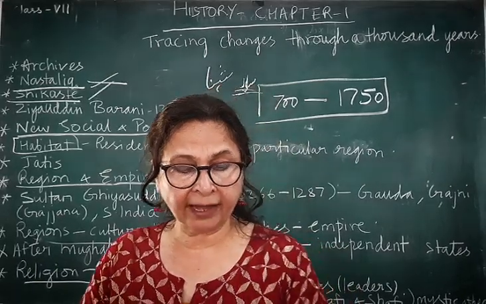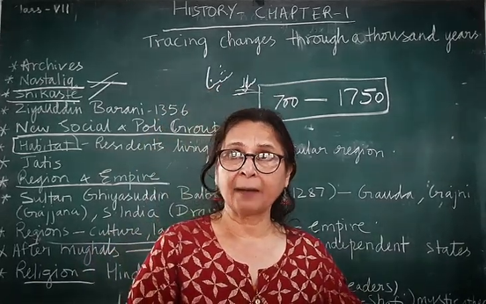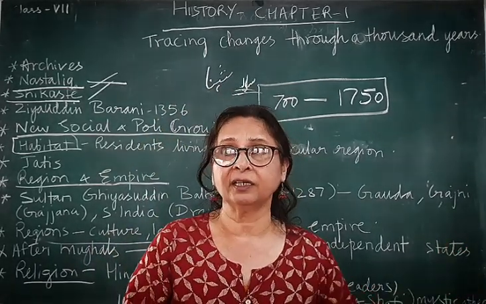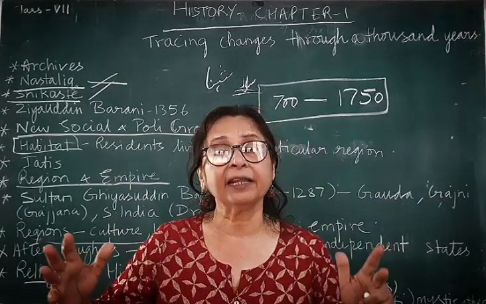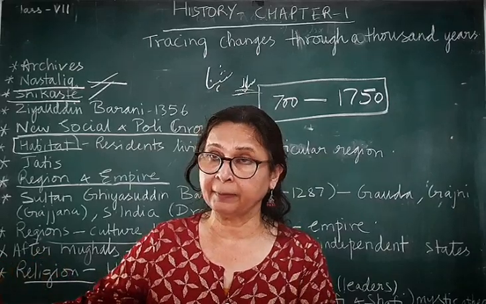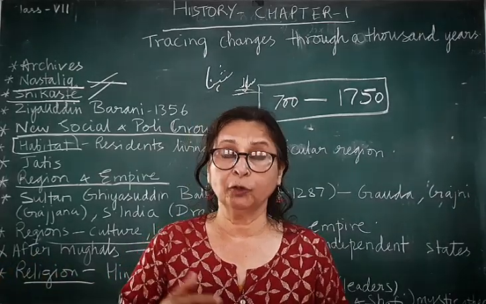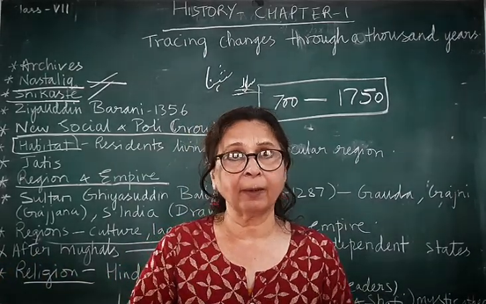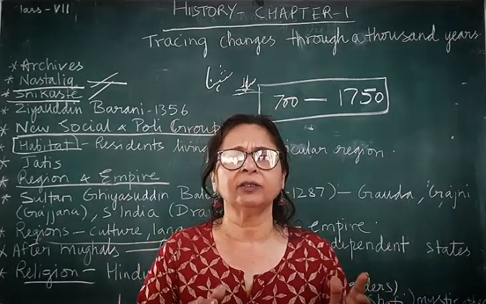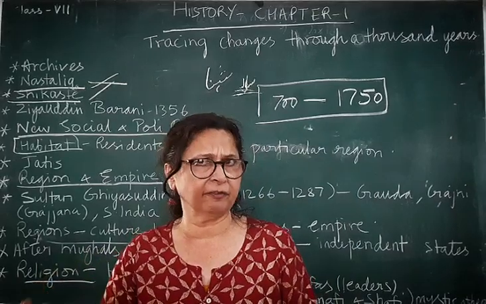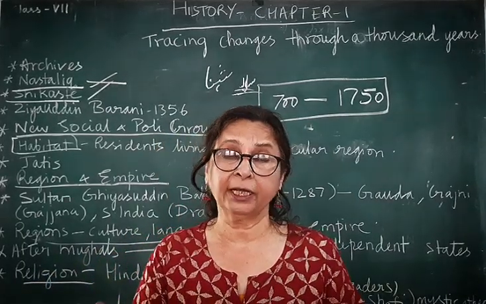Historians divide it into the ancient period, from the beginning until people began to clear forests and have a settled life in villages. They started building temples, and there were rulers and the growth of Brahmins. Then the medieval period, roughly from 700 to 750, with economic growth.